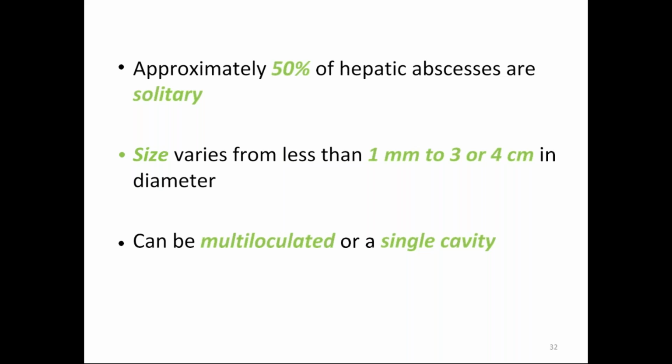If it is loculated, you should break the locules and evacuate the rest of the pus from the cavity of the abscess. So always locules should be broken in an abscess, be it anywhere in the body.